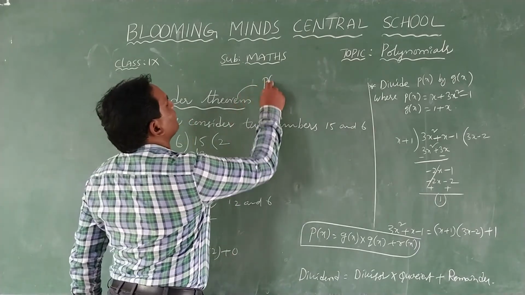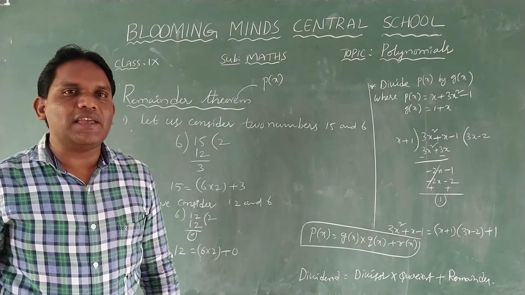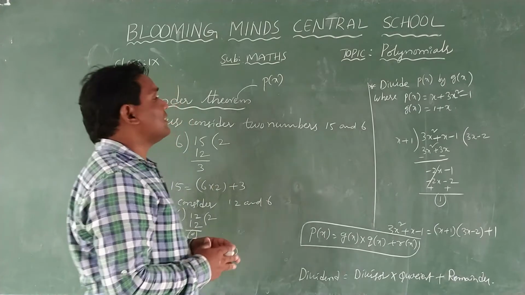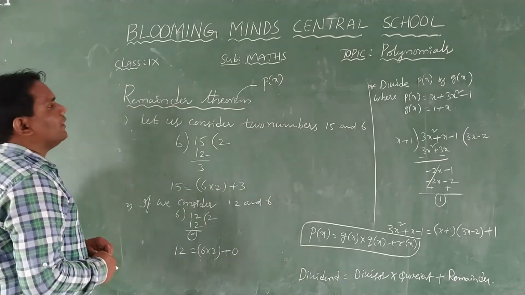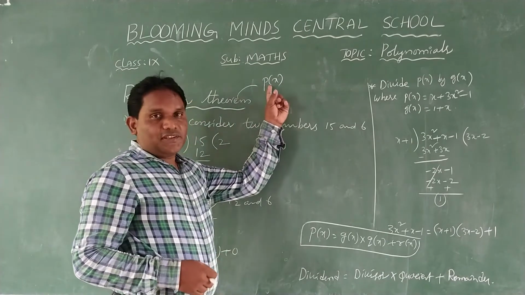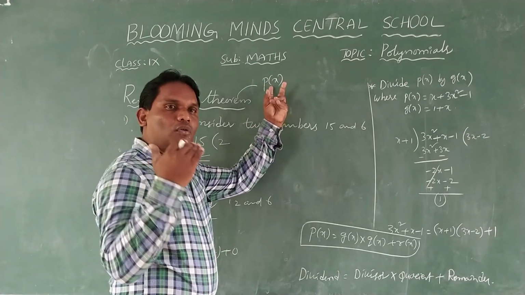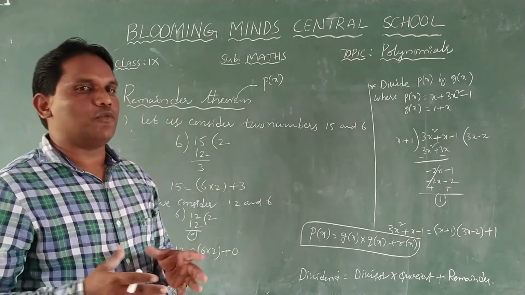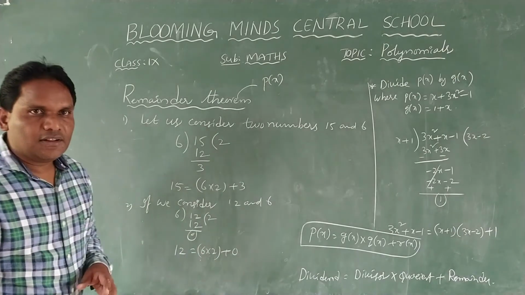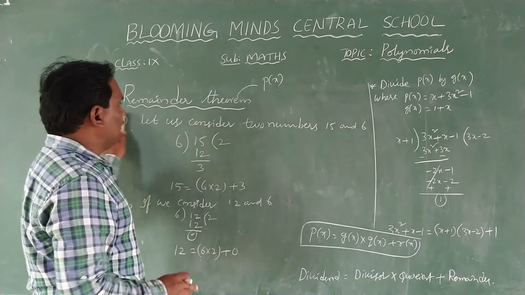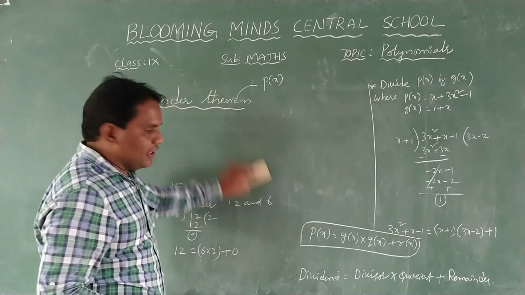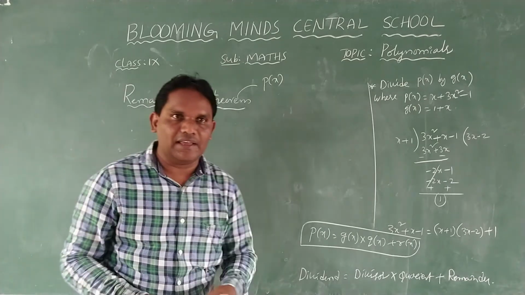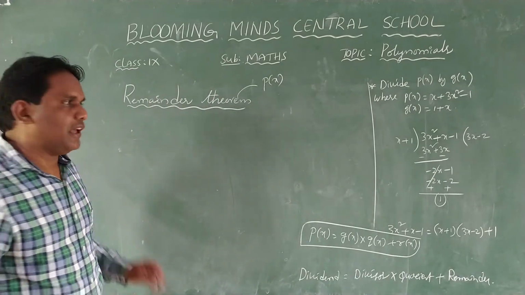Let P of x be any polynomial of degree greater than or equal to 1. That means the degree may be 2 or 3rd degree or 4th degree or whatever it may be. And let a be any real number. If P of x is divided by the linear polynomial x minus a, then the remainder is P of a.